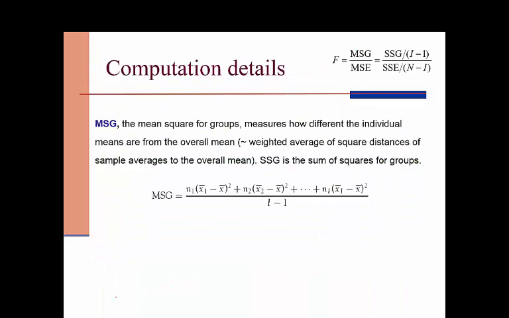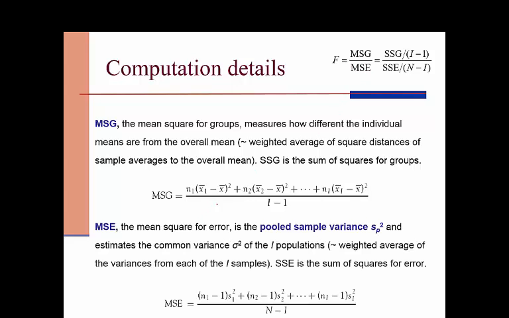Okay? And the way we compute the F value, again, to remind you, is MSG over MSE, right? That's nothing but measuring the spread between the means, comparing it to the spread that occurs within the groups.